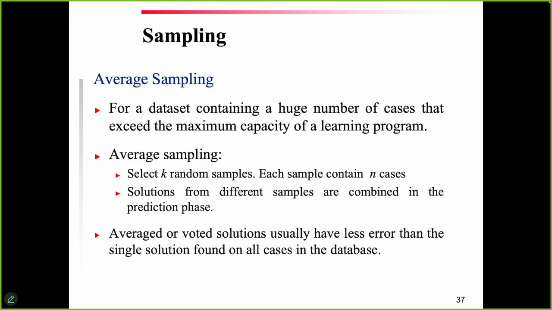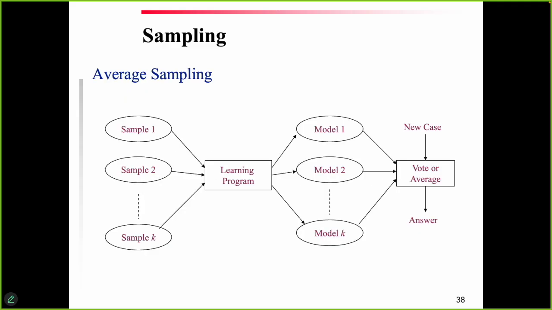And at the prediction time, when a new case arrives, you just combine the models, and you either vote or average. It depends on whether you do classification or regression. So this is the whole idea. You have several random samples based on your data.